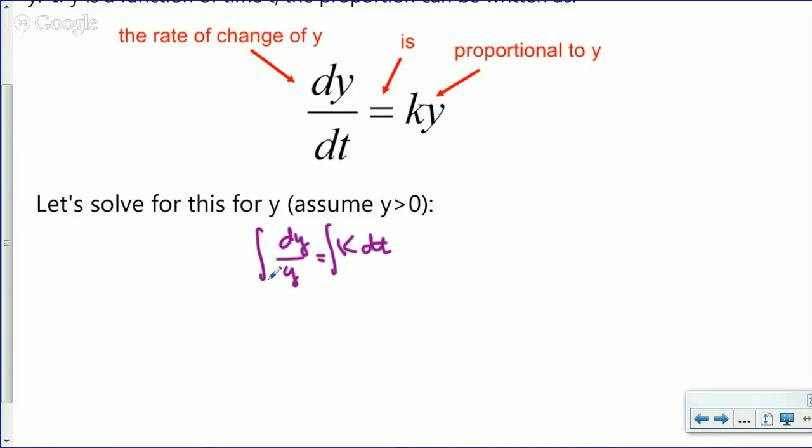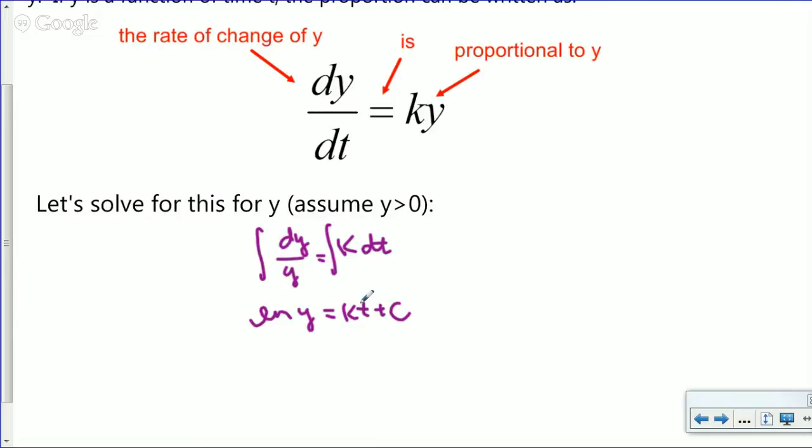All right, now I've separated, so the second step would be to integrate. Okay, can you figure out the antiderivative here? So what's the antiderivative of essentially 1 over y? That would be ln of the absolute value of y, right? In this case, it says assume y is positive, so just ln of y is fine. And what would the antiderivative of a constant be? Well, that would just be k times x typically, but in this case, our variable is t.